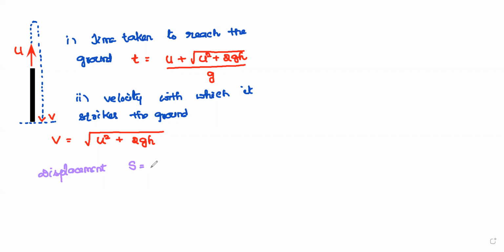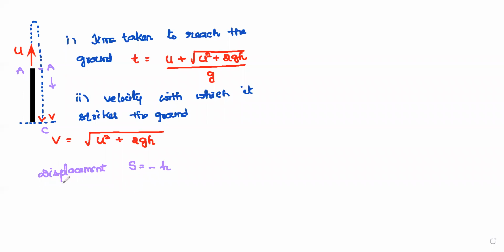Yes, S is minus H, not plus H. Very good. Yesterday I explained why we are taking the negative sign. Why did we take the negative sign, Nana? Since it is in the opposite direction to the initial velocity. We measured the displacement from A to C, opposite direction to the initial velocity. In this direction we measured the displacement, so S equals to minus H.